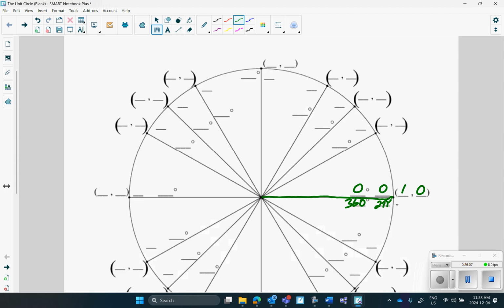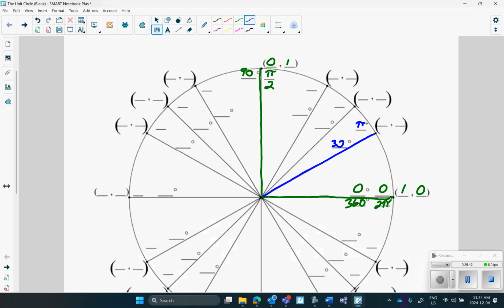Then we did 90 degrees. Here's 90 degrees. What was it in radians? Pi over 2. And the point on the unit circle is 0, 1. Now, we also did 30 degrees, which was what in radians?